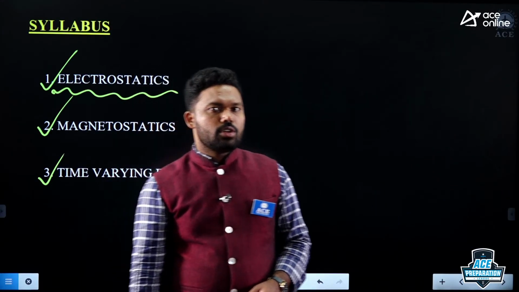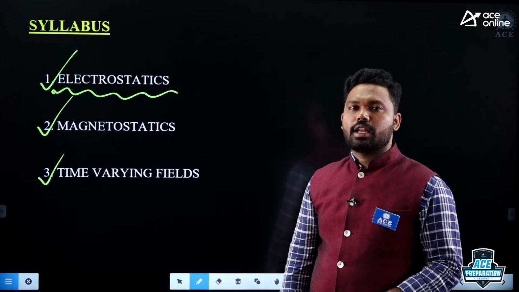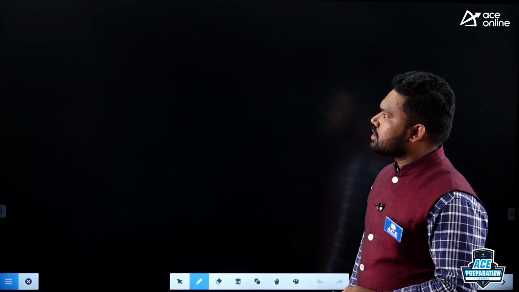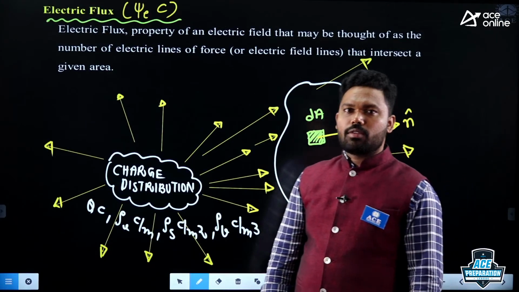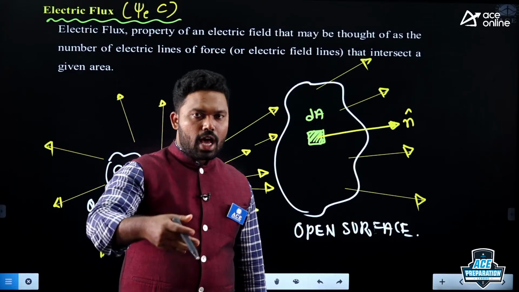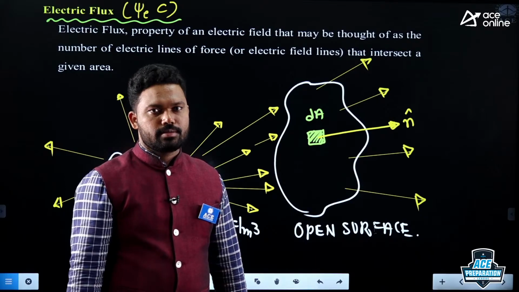To understand Gauss law, some basics of electric flux and electric flux density are required. This Gauss law is a part of electrostatics. So what is the electric flux? The number of electric field lines crossing or intersecting the given surface is called flux.